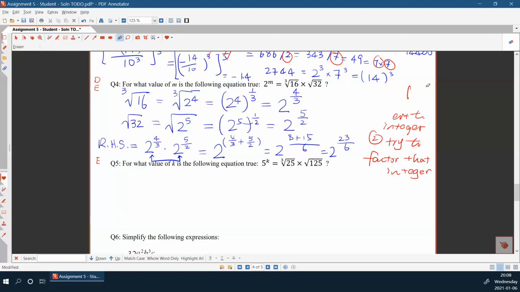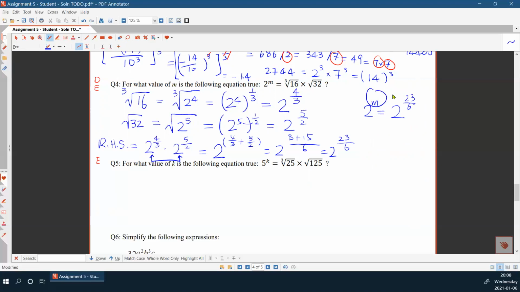Okay, I'll write it here then. Okay, this means 2 to the m's power equals 2 to the 23 over 6 power. So you tell me here, what is m? M is, of course, 23 over 6, right?